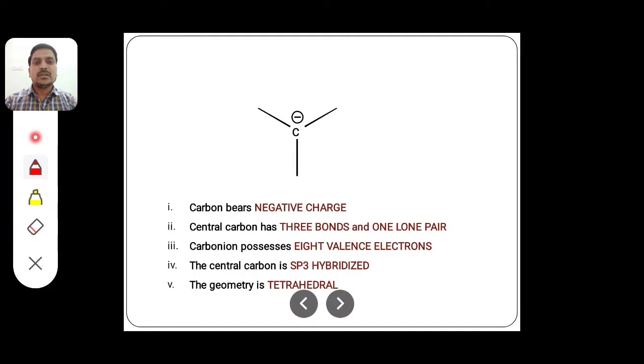There are 8 electrons, 4 pairs of electrons around carbon. Out of those 4 pairs, 3 are bonding pairs, 3 bonds, and 1 is a lone pair, an unshared pair of electrons. Then another characteristic feature, carbanion possesses 8 electrons in its valence shell. Then the central carbon is sp3 hybridized as already discussed, and its geometry is tetrahedral.